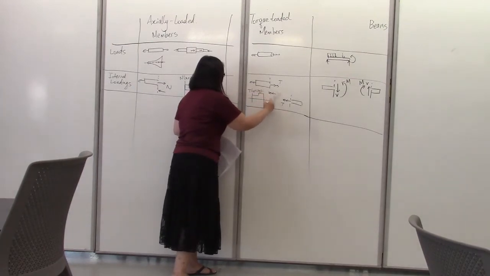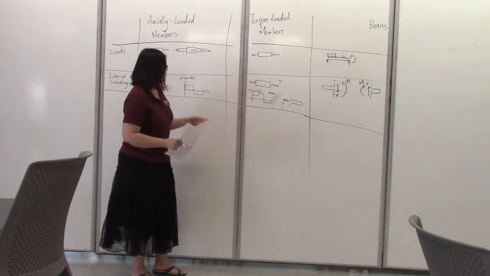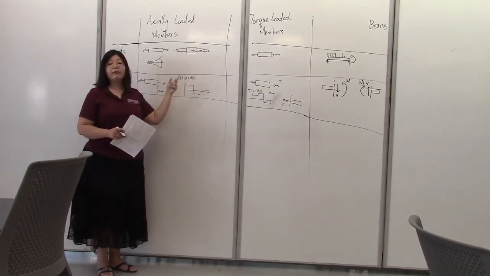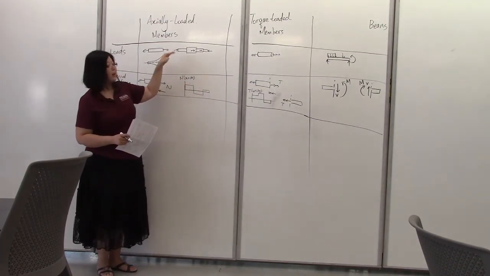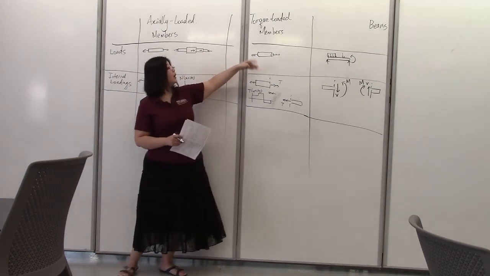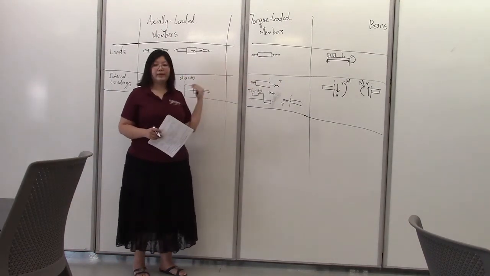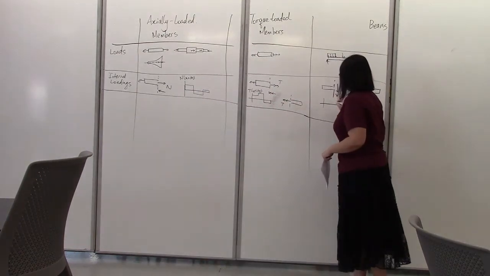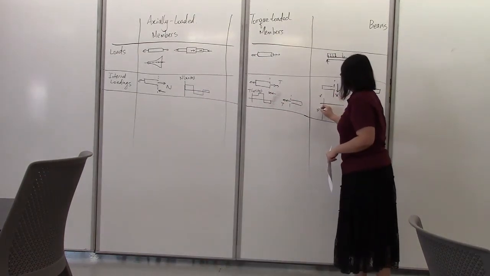It could be positive or negative, etc. Now sometimes these are constant for each segment of the bar. Sometimes it could vary if you have distributed axial loads and distributed torques applied. Okay. And for beams, we draw what we call the shear and moment diagrams.